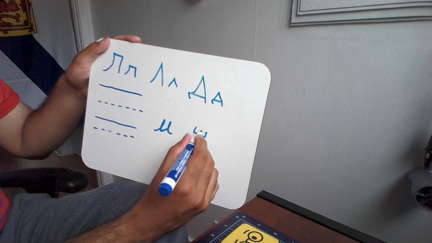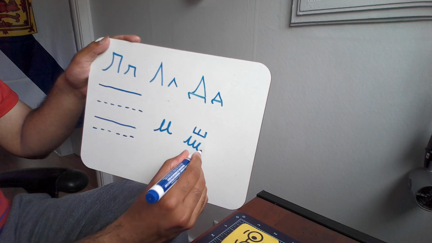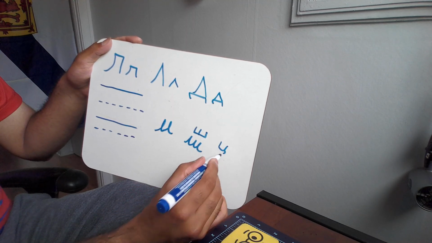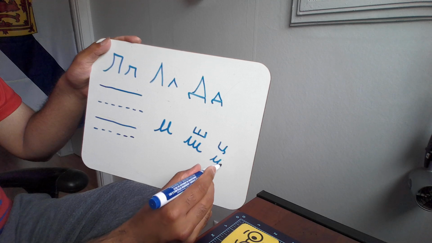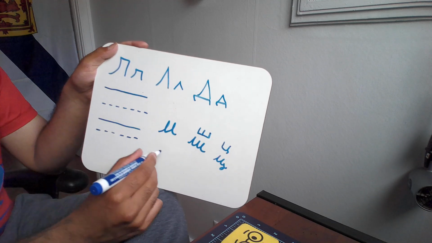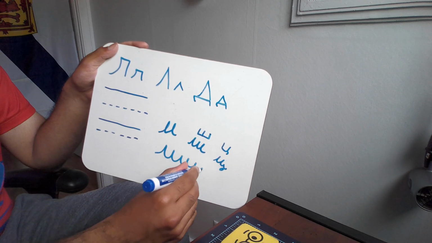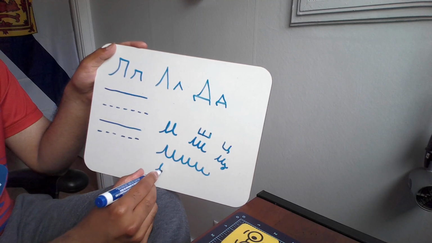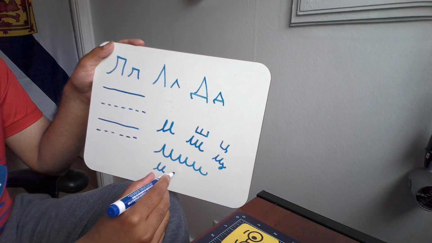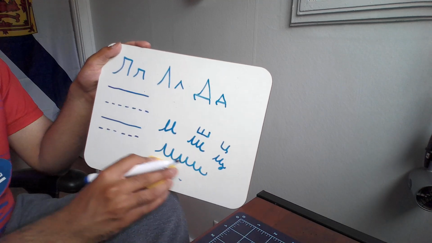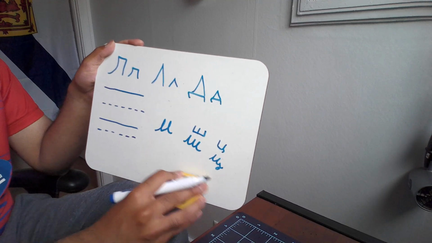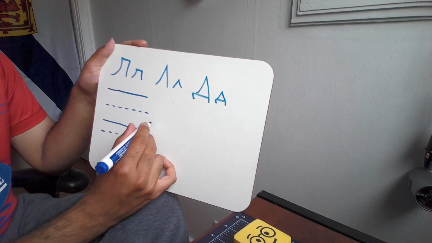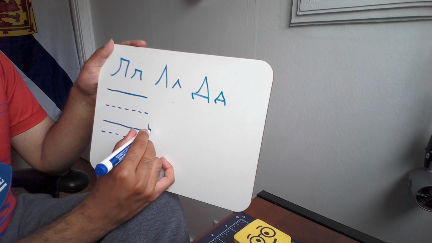But later we're going to see that the letter sh also looks like this, and so does ts. So there's a lot of letters that keep going up and down and up and down. And it can be very hard to tell whether one of these letters is E or L or something else. So the way that we get around that in Russian is that your cursive L must carry a little hook at the beginning.